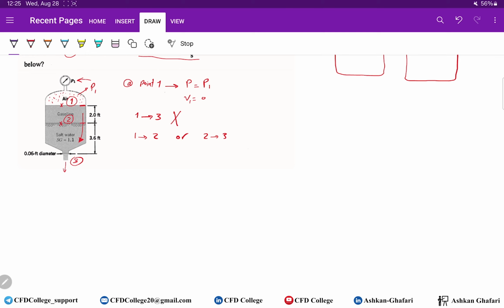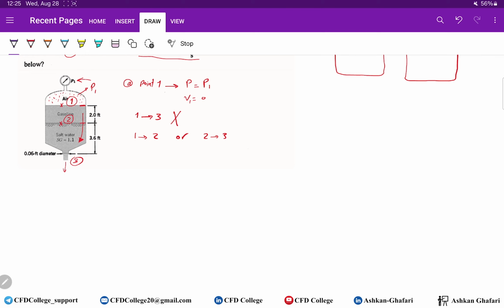To find that, it's easy. You just need to write the hydrostatic pressure, because as I mentioned, the elevations are the same and are constant.